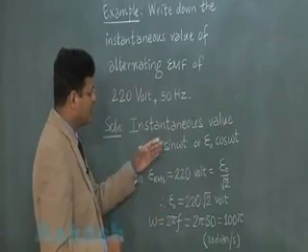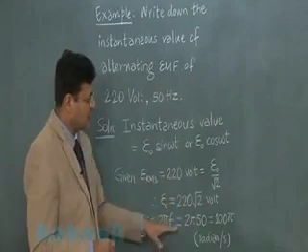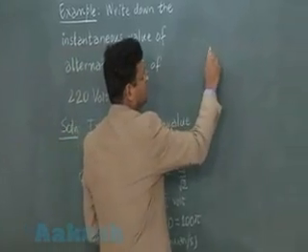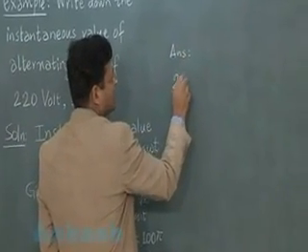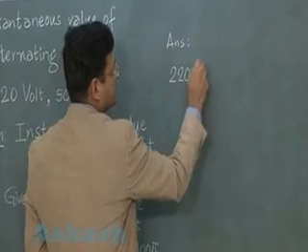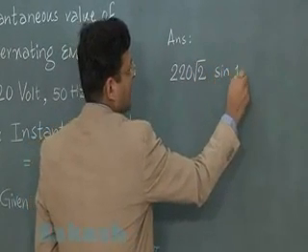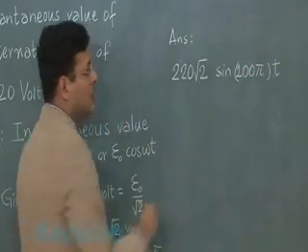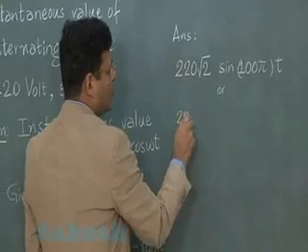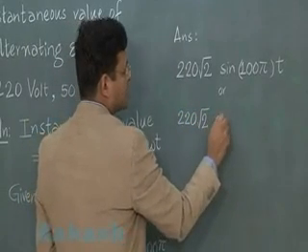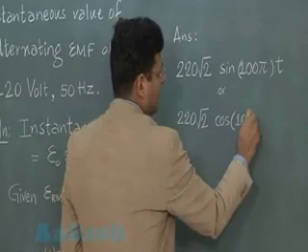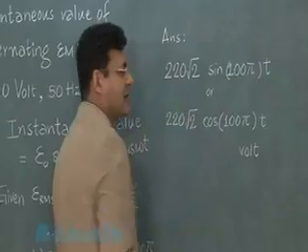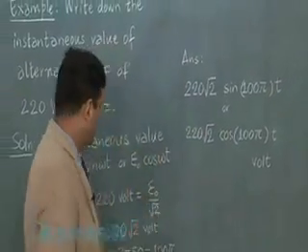Now once you substitute these two values, the value of E naught and the value of omega, into this expression, then your final answer will come out to be either 220 root 2 sine 100 pi t, or you can write it as 220 root 2 cos 100 pi t volt, because this is the EMF you have expressed. You understand? This is the way things are correlated.